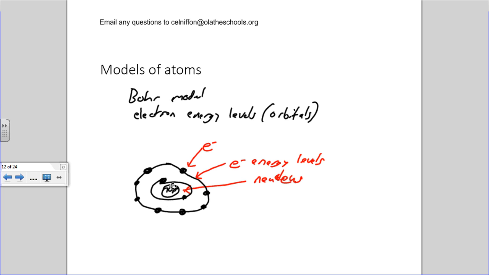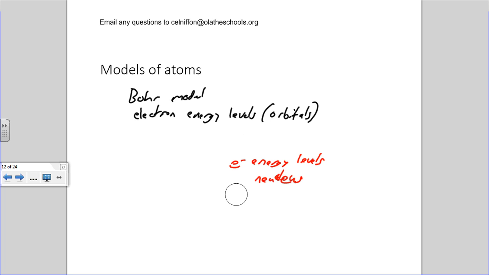Let's say that this one in particular has 10 protons. You know what? I can do this a little better. Bear with me.